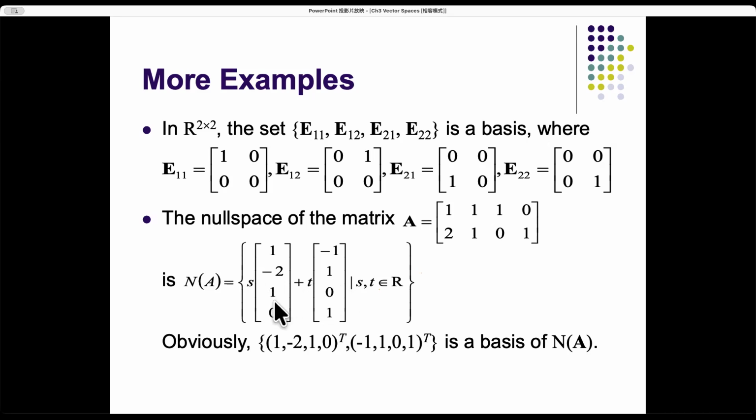If you have a times the first vector plus b times the second vector equal to 0, in order for the third element and the fourth element to be 0, a and b both have to be 0. So in other words, these two vectors are linearly independent as well. So, these two vectors are a basis of the null space of A.